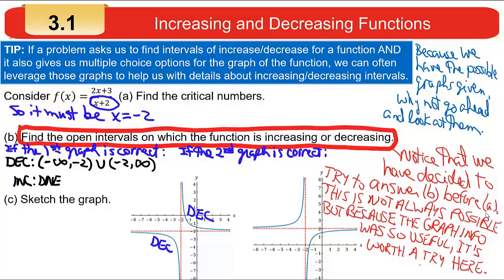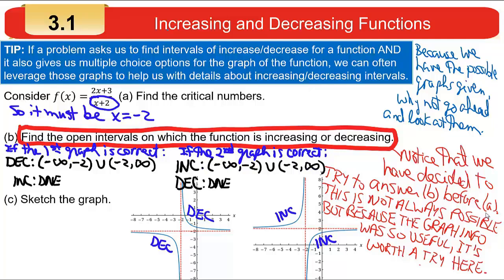If the second graph is correct, then the function is increasing to the left of the vertical asymptote, but it's also increasing to the right. So already I know that if I can figure out whether the function is increasing or decreasing, I can choose between these two answers and knock my 50% down to 100%.